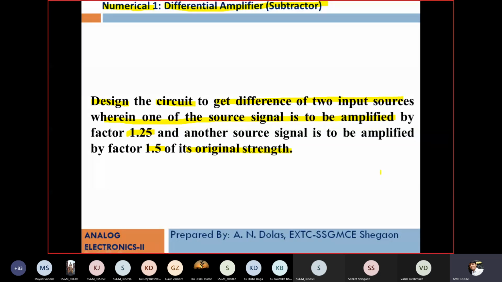If you just want subtraction, that is V1 minus V2, it would be R2 by R1 into V1 minus V2. But it is not just the subtraction, means both the signals do not have the same multiplying factor. One signal has 1.25, another signal has 1.5. So of course we cannot use R2 by R1 into V1 minus V2. So what is the formula? Anybody from your team?